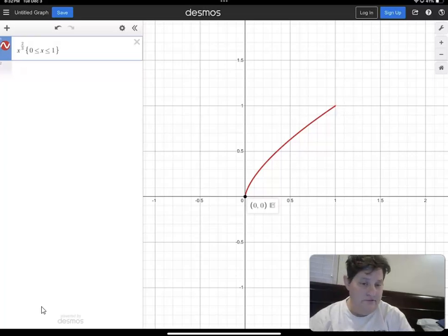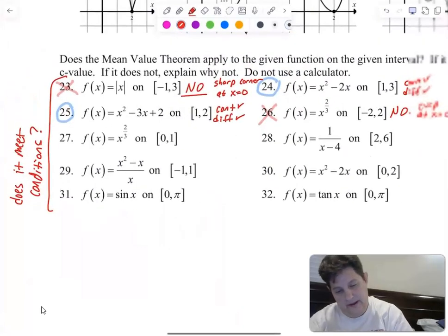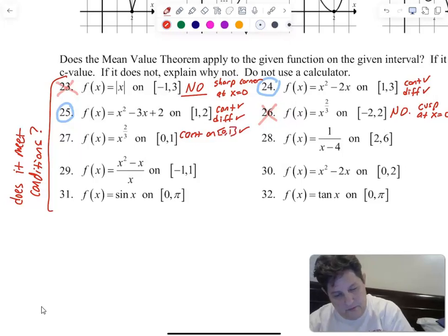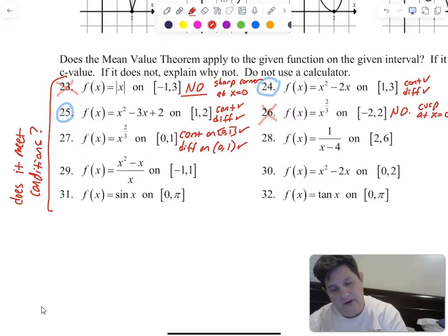So because we're going from 0 to 1, I can do this. I'm going to say it's continuous on 0 to 1, and it's differentiable on the open interval. And so we will be able to do that one.